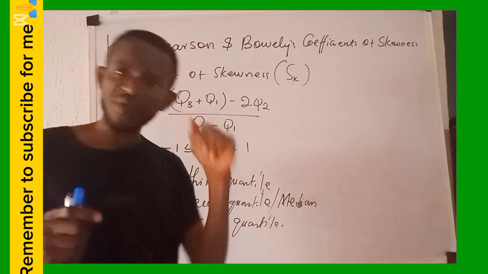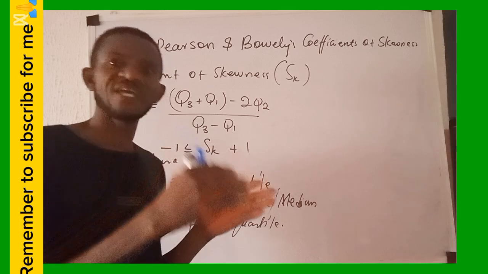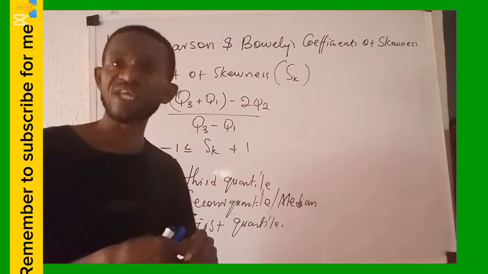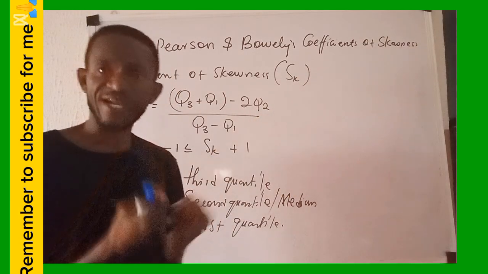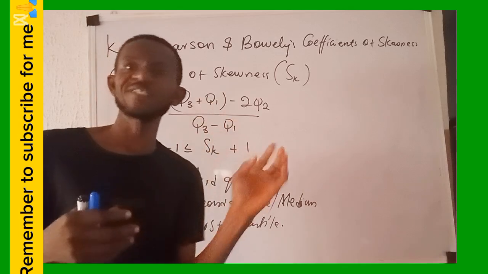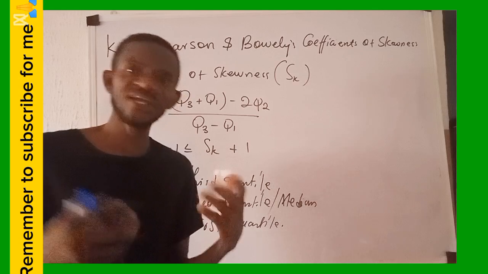However, when we calculate the value of skewness and the value is non-zero but positive, we say that the data is skewed to the right. If the value is non-zero but less than 0, we say that the data is skewed to the left.